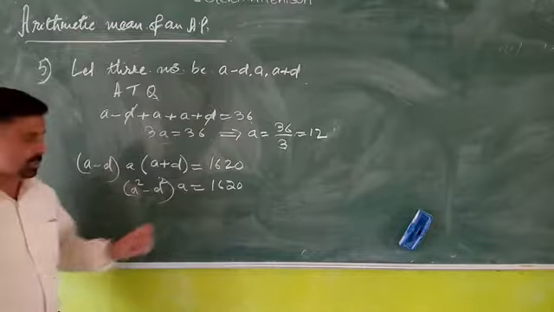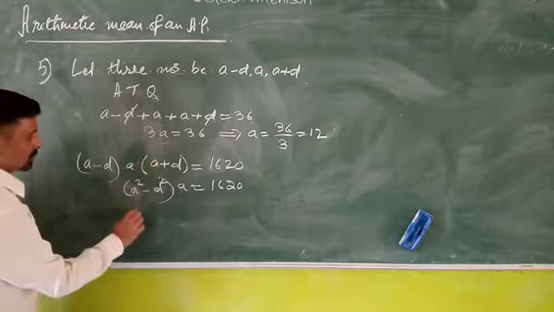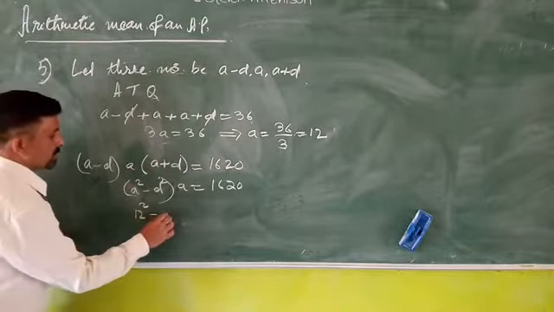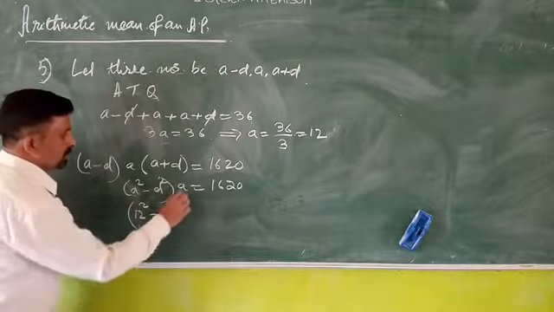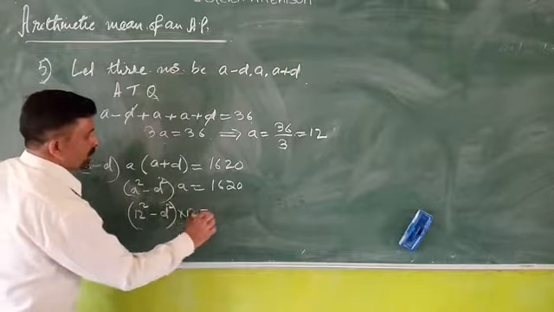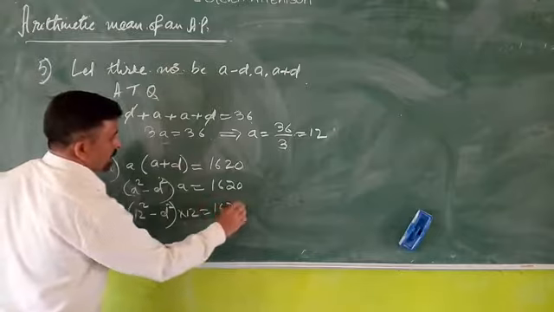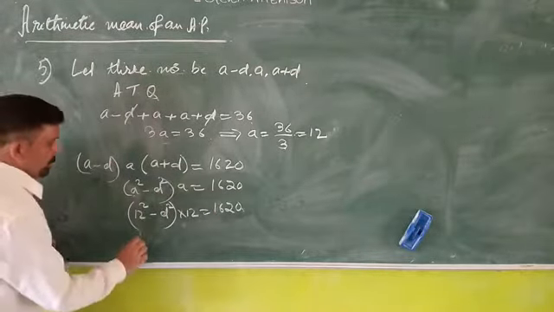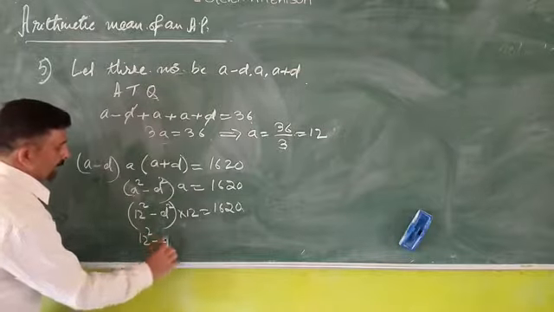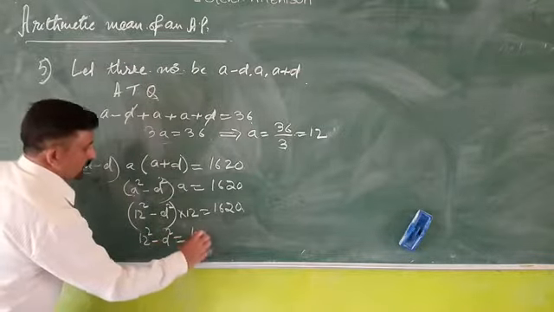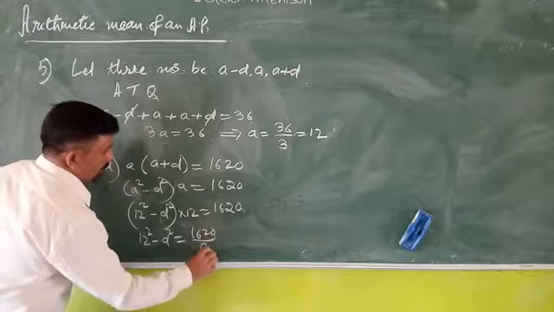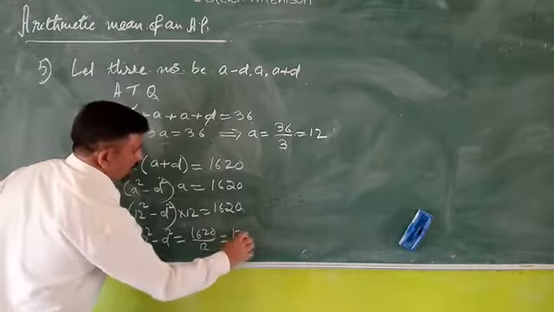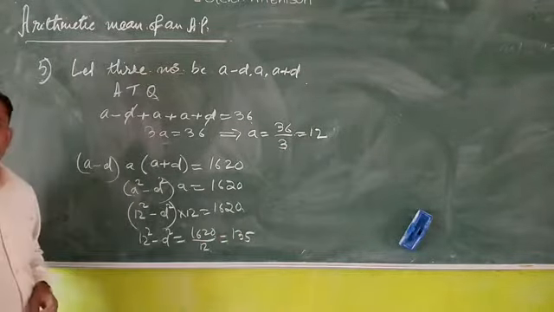So A is 12. So 12 square minus D square into 12 is equal to 1620. Now this 12 will go to the right side as a divisor. So 12 square minus D square is equal to 1620 divided by 12, which comes to 135.